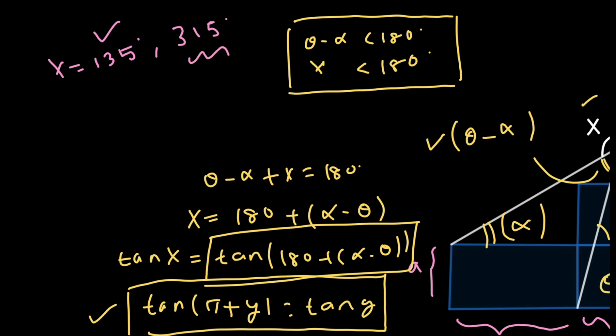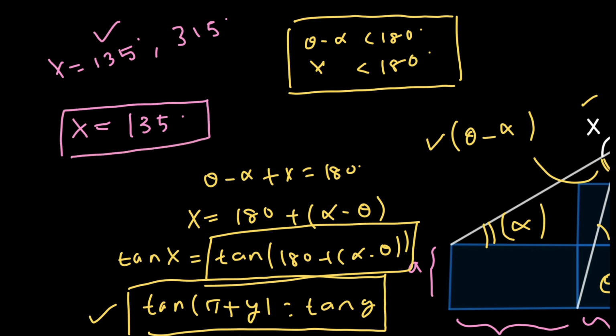The second one is correct from the perspective of a trigonometric equation, because we get this value of x according to the equation, but not according to the situation from where x is coming. What is satisfying is this particular value. Hence the value of x is equal to 135 degrees, and this is the answer we were looking for.